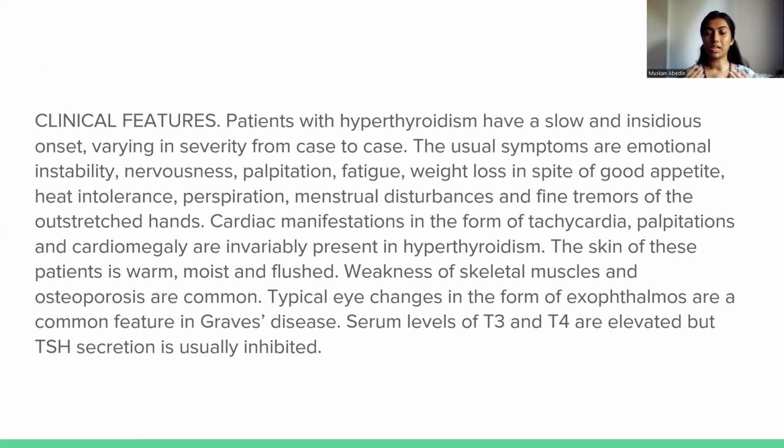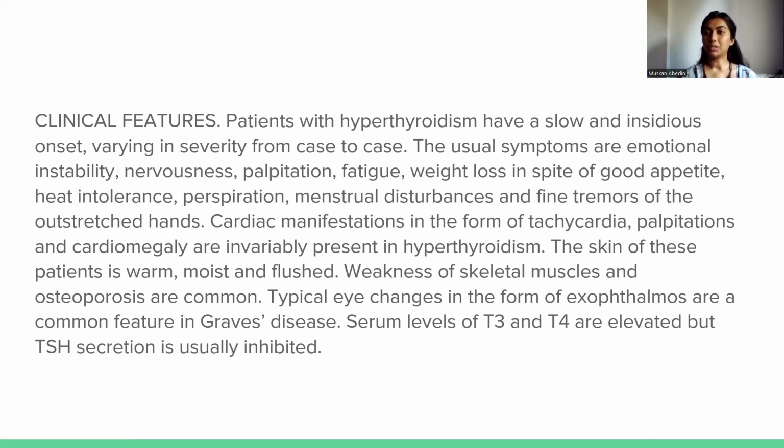He will not be able to tolerate heat. He will face heat intolerance and the body temperature also increases. He will have excessive perspiration and sweat a lot, and the thyroid hormone also affects the menstrual cycle, so there will be disturbances in the menstrual cycle.